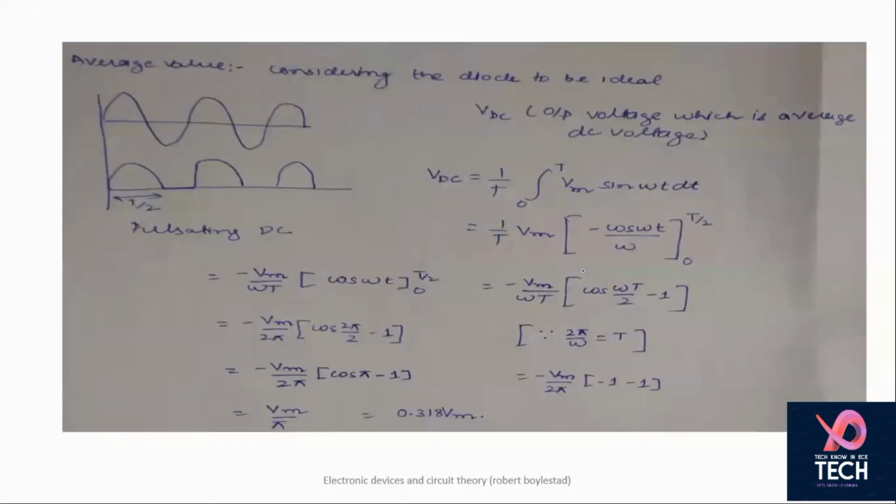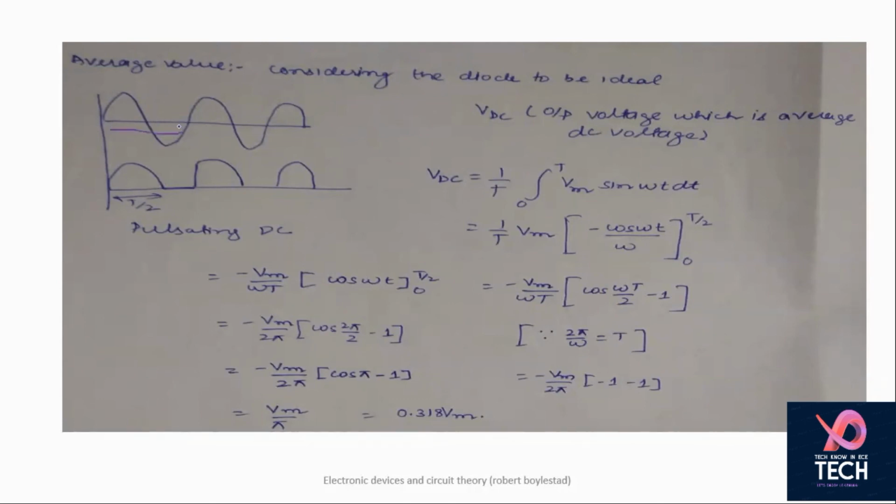Now coming towards average value, that I have already discussed with you, that you are having your voltage level or DC voltage equal to that. So how you're actually working with that, that's what we are going to calculate now. So here you can see this is your input and correspondingly this is your output.